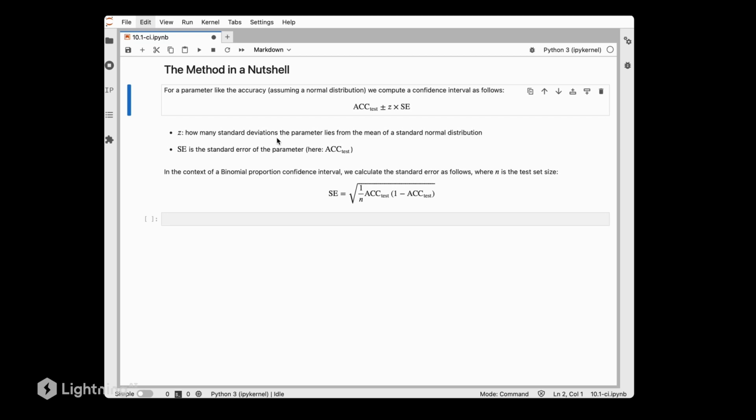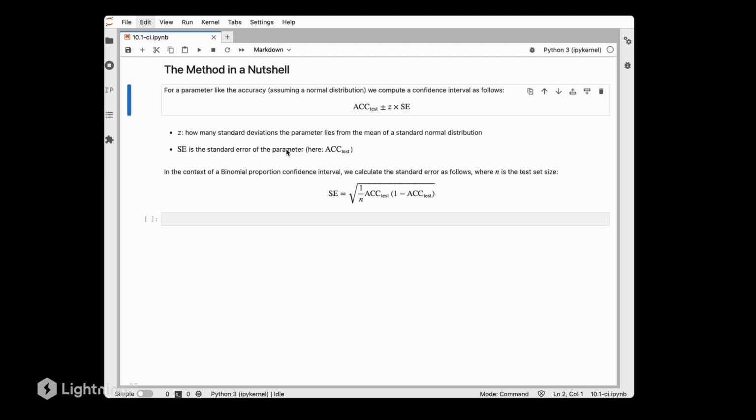I should have maybe included a figure, but if you have a standard normal distribution, you can essentially divide this Gaussian bell curve into sections by using the standard deviation. So z basically is a measure of how far you are away from the center of this curve. And the standard error here is essentially the standard error of the parameter that we are interested in. And I will show you at the bottom how we compute it. So this makes another assumption.